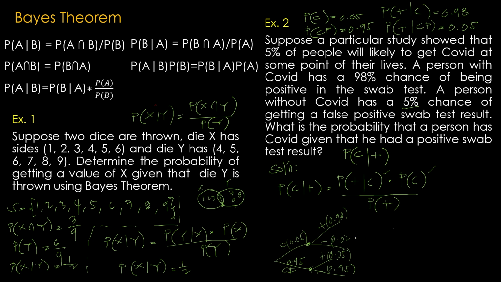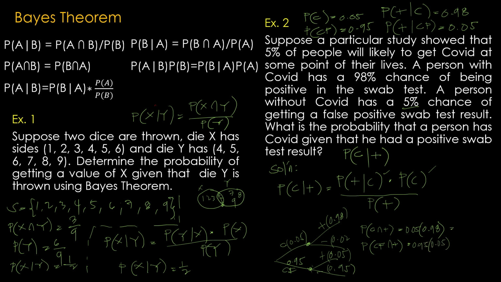Okay, so again, we have two paths in here. The probability of the intersection of having COVID and testing positive, and the probability of being COVID-free and testing positive. So, yun yung intersection mo. So, that is 0.05 multiplied by 0.98 and 0.95 multiplied by 0.05.